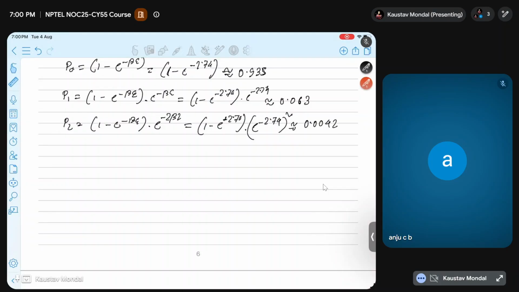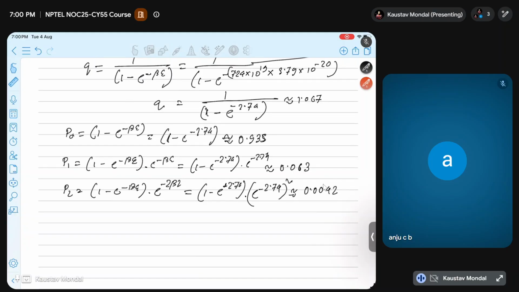So around 0.4% are distributed in the second excited state. As you move to higher and higher excited states, the percentage becomes smaller and smaller, obviously.